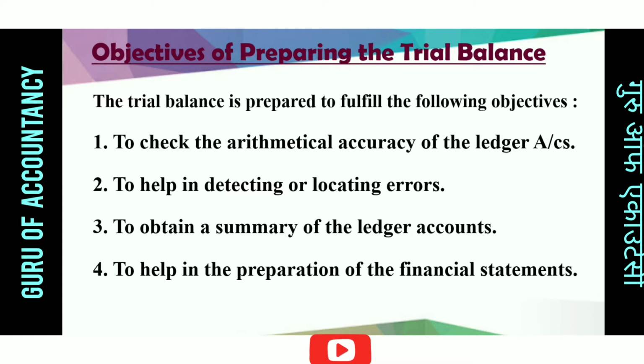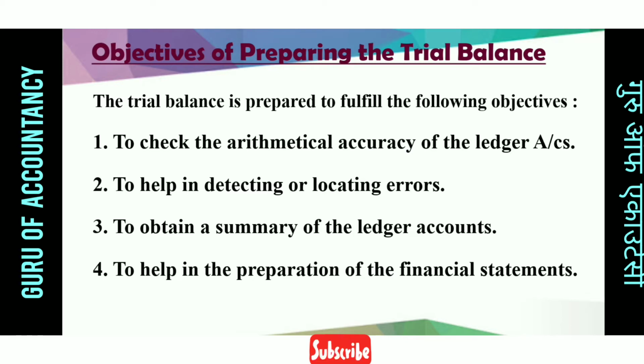Second, it helps in detecting or locating errors. That means by preparing trial balance, you can come to know errors. Many times your trial balance will not tally. It will indicate that there is some error either in passing journal entry or in posting or in balancing.